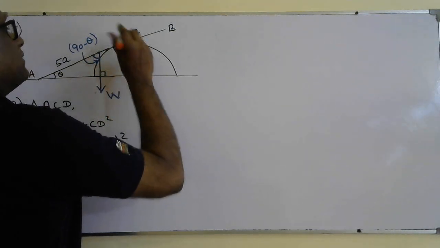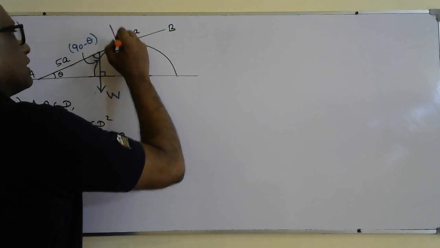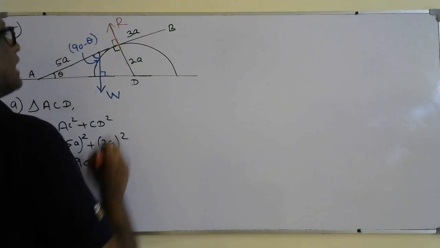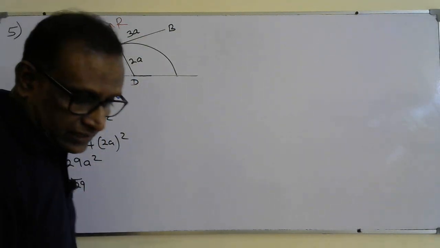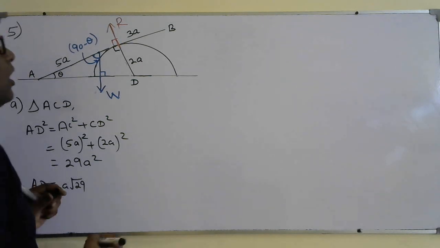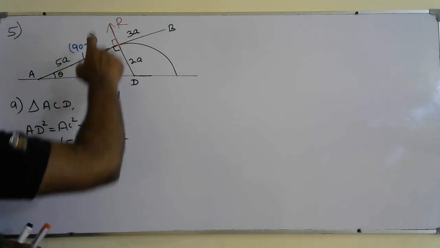So the normal reaction will act along the radius upwards, that is the normal reaction, capital R, that is 90 degree to the circumference, and will be along the radius of the hemisphere. Okay, so we need to find that R.